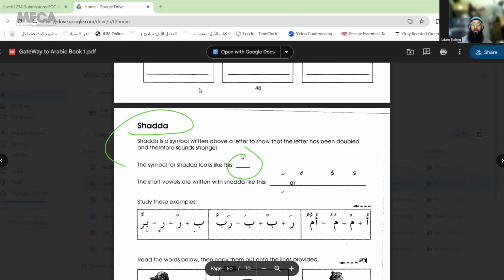And keep in mind, as I'll show you guys, the shadda consists of a few aspects, and it's similar to the one we learned before, the sukoon. But I'm going to show you certain differences that it has. So the letter that has the shadda on it, its sound will be connected to that which came before it.